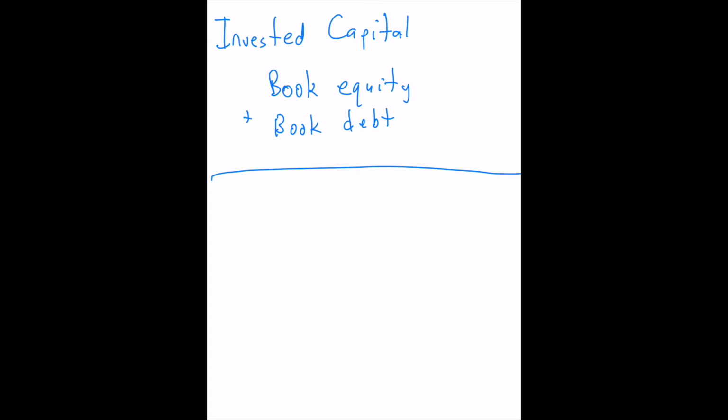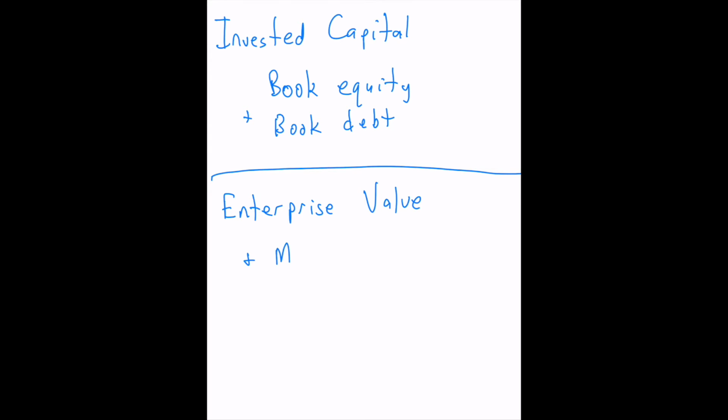That's compared to what is called the enterprise value. The enterprise value starts with the invested capital, but then it adds on any value the company has created. And it also has two basic components.